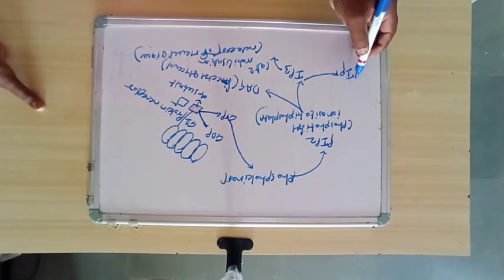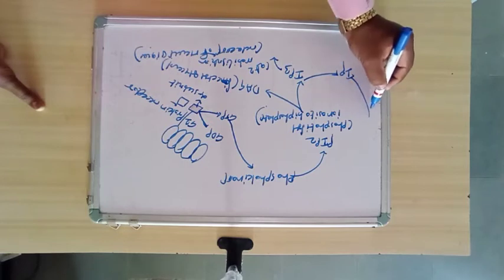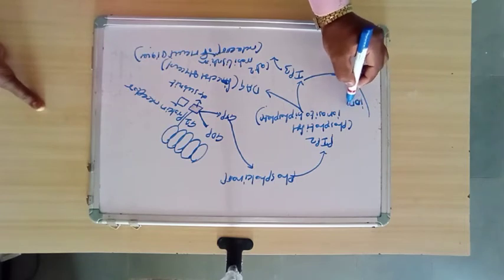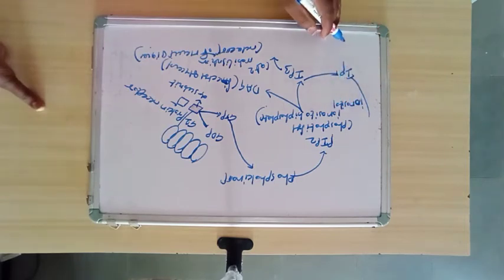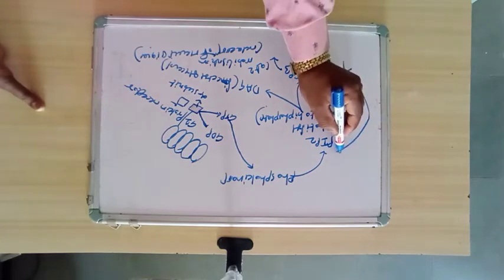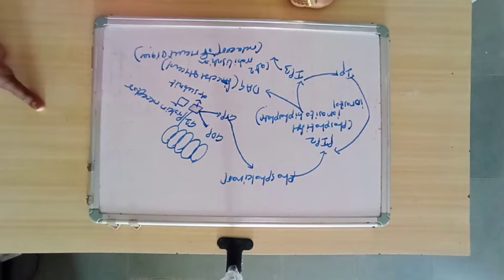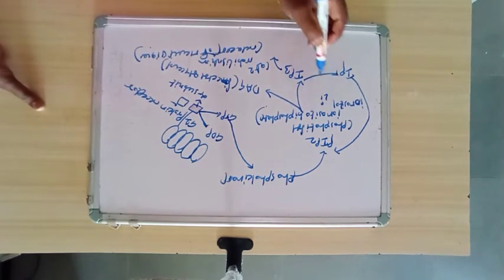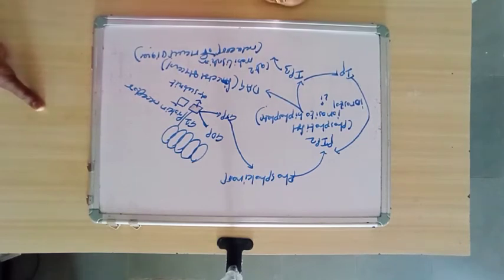This IP reacts with inositol and regenerates PIP2, phosphatidyl inositol biphosphate. So what is the role of lithium? In this mechanism, lithium inhibits the formation of IP3.